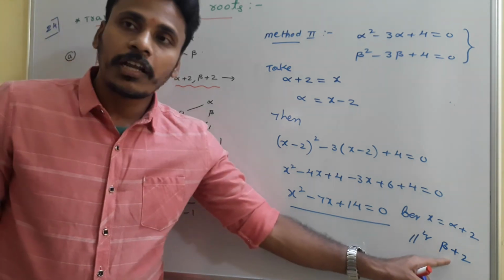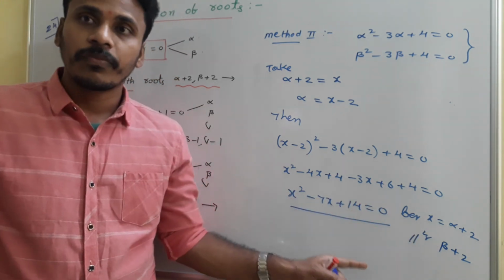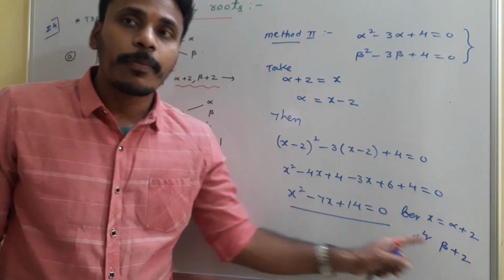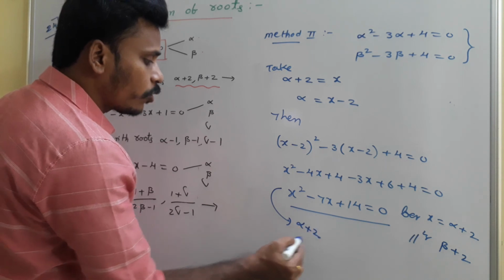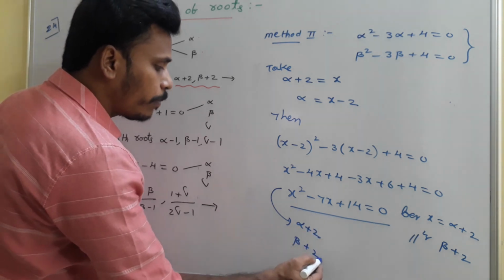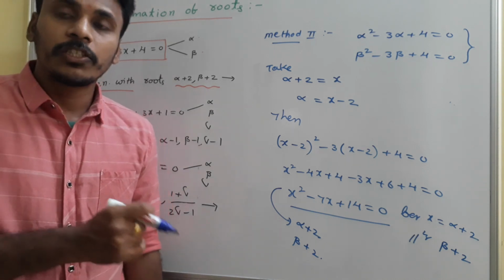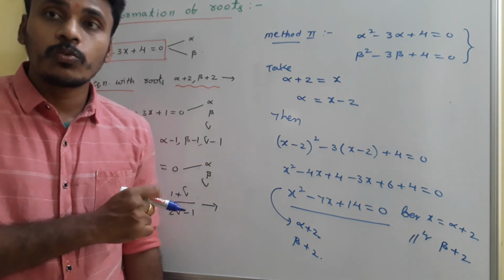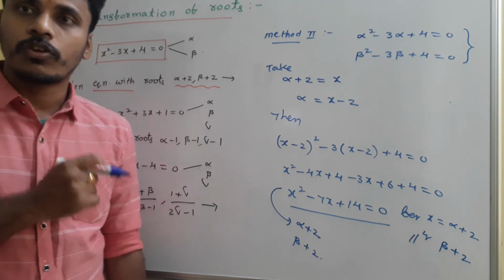So similarly, beta plus 2 also satisfies this particular equation. Finally, alpha plus 2 and beta plus 2 will satisfy this particular equation. So this equation has roots alpha plus 2 and beta plus 2. So this is actually method 2. And this method is a generalized one which helps us to solve all the problems related to the transformation of roots.